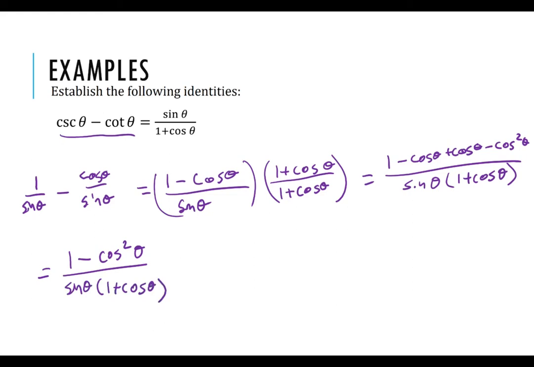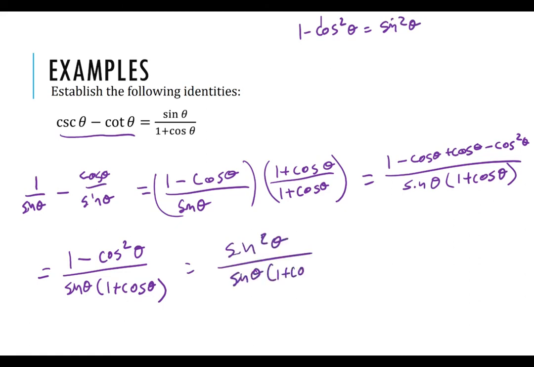And then I recognize that 1 minus cosine squared of theta is equal to sine squared of theta from my Pythagorean identity, and so that's going to be sine squared of theta divided by sine of theta times 1 plus cosine of theta. And then sine squared of theta divided by sine of theta is going to leave me with sine of theta in the numerator divided by 1 plus cosine of theta. And look, that's exactly what we needed, and so we're done.